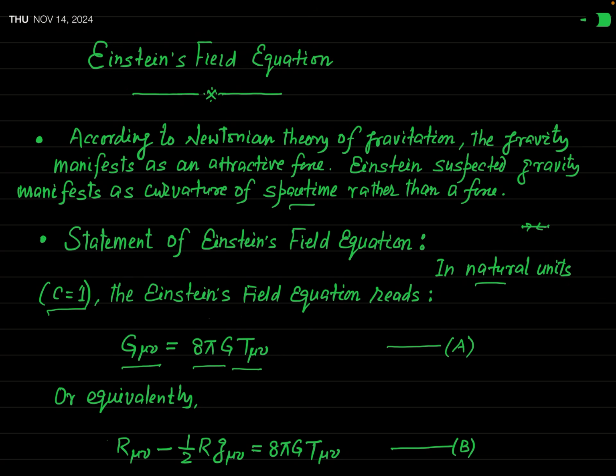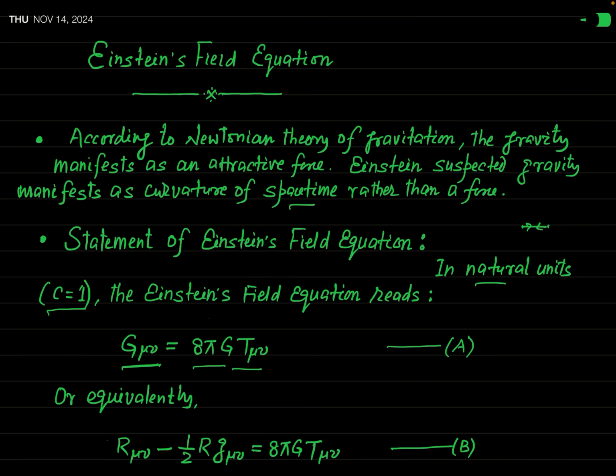You have studied in my previous video in great detail the Ricci tensor, the Ricci curvature tensor, or the Ricci scalar. And you have also learnt about the Einstein tensor. So what is this G mu nu?